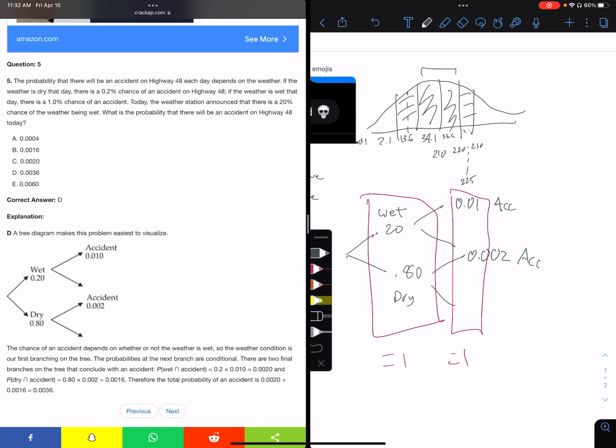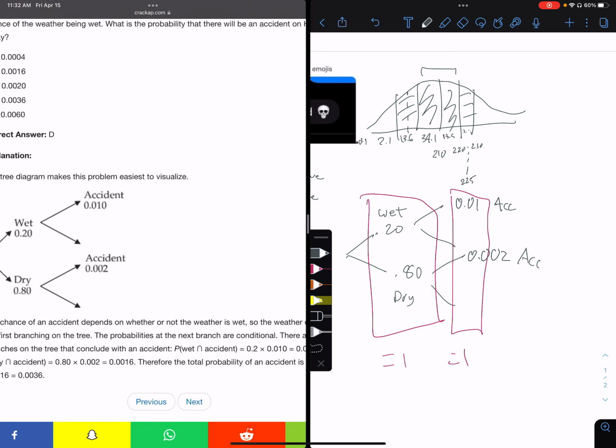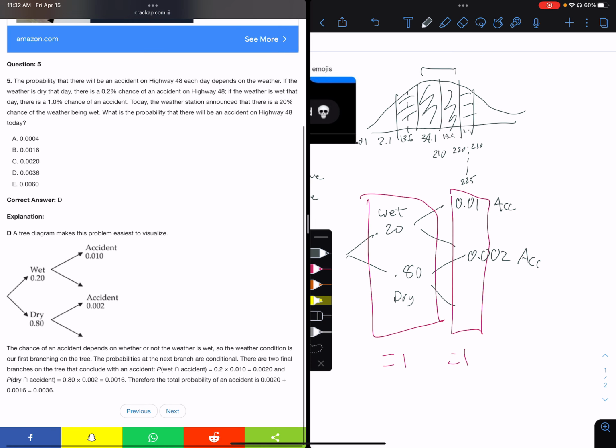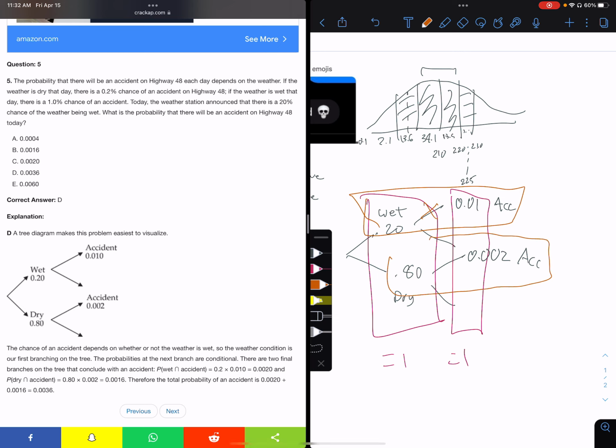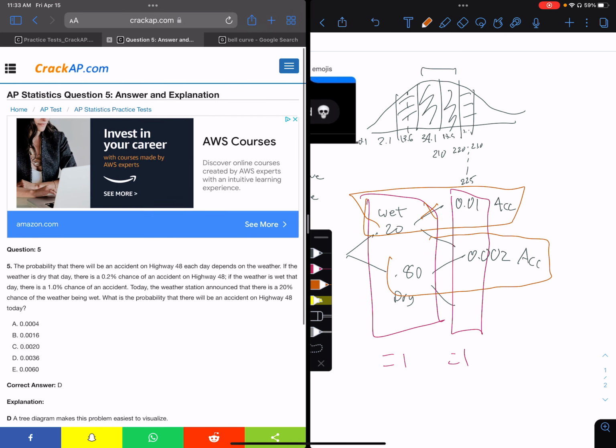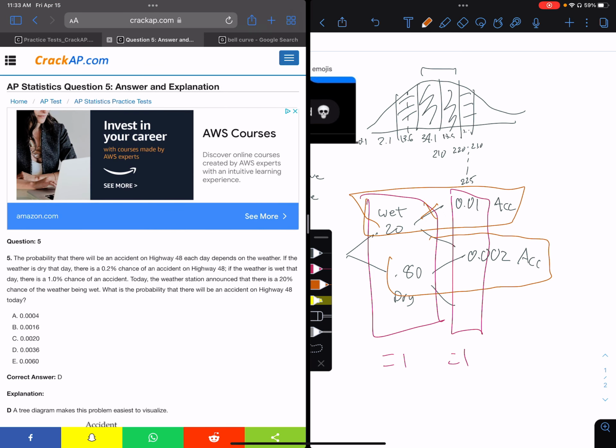Weather condition is, so they multiply these, and then they also multiply these, and they added them. Bruh, is that really it? You just multiply those like that and you add them. Stupid, but okay, cool. Let's go back.